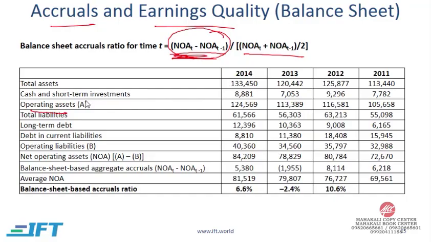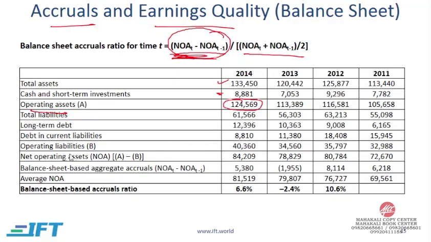So if a company has invested in, let's say, stocks and bonds that are not related to the company's operations, then those investments and any cash the company might have are considered non-operating. So the quick way of coming up with operating assets is taking total assets and then subtracting cash and other short-term investments. So this number here represents the operating assets.